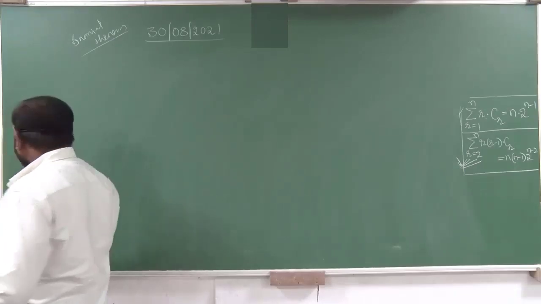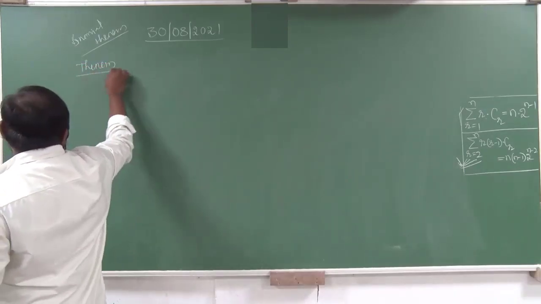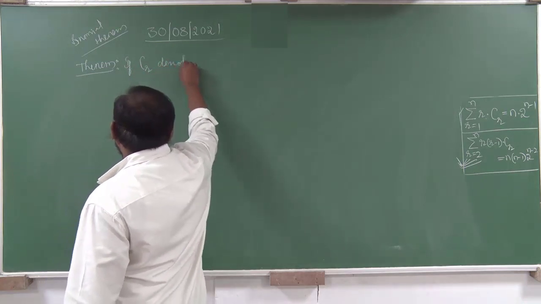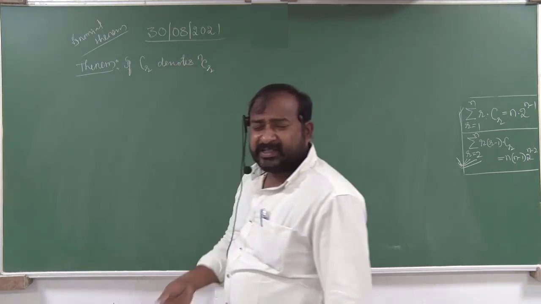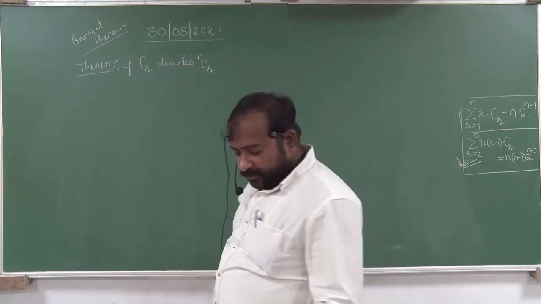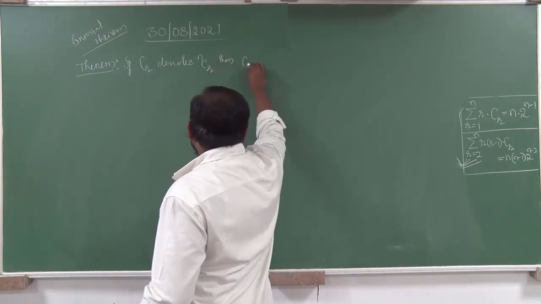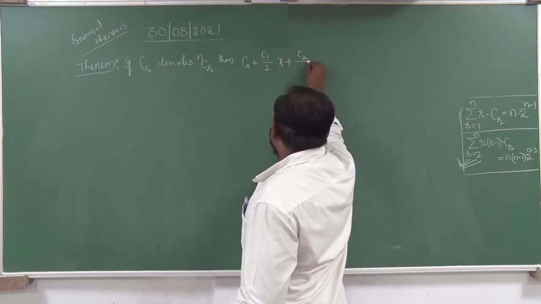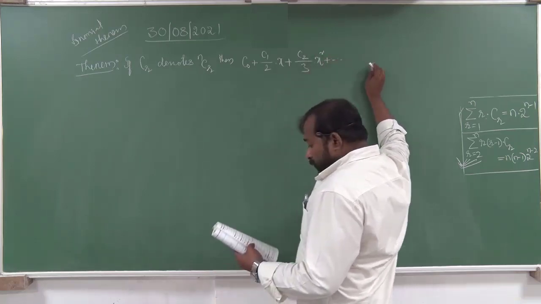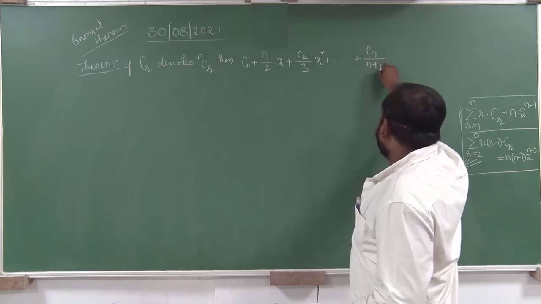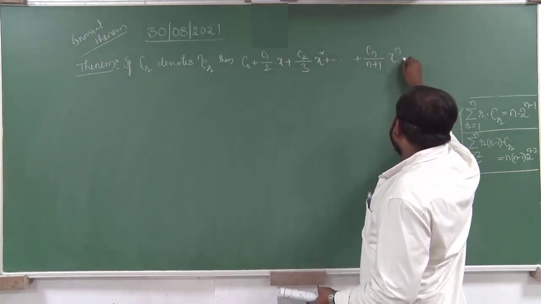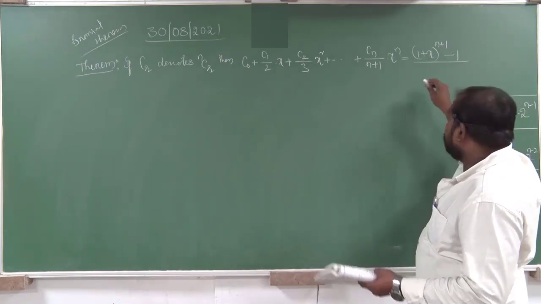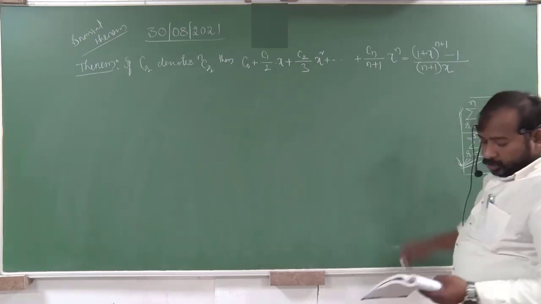The next theorem is: if Cr denotes nCr, that is the number of terms we are using, then C0 plus C1 by 2 into x plus C2 by 3 into x square plus and so on, plus Cn by n plus 1 into x power n, is equal to 1 plus x whole power n plus 1, minus 1, by n plus 1 into x. We have to show this theorem.